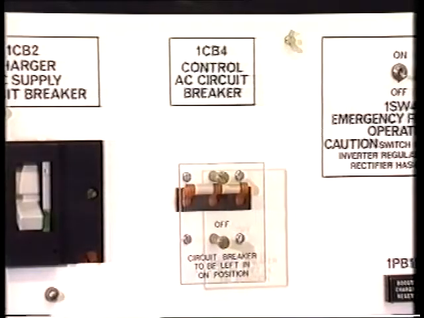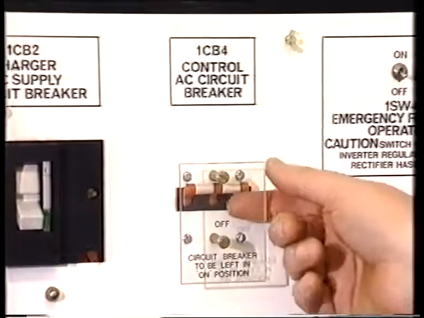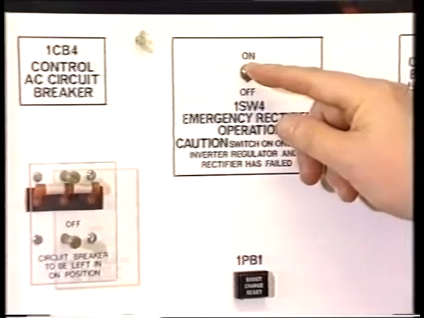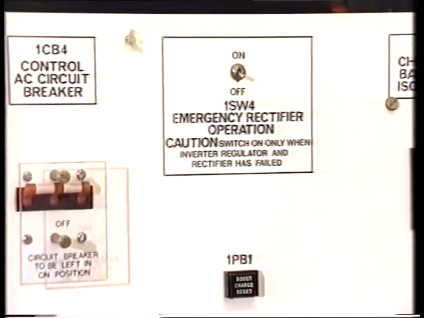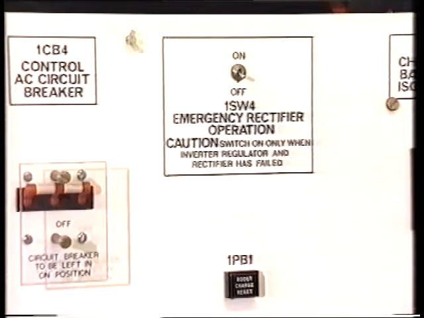Step 1. Check that the control AC circuit breaker 1CB4, if fitted, is on, and the emergency rectifier operation switch 1SW4 is off.